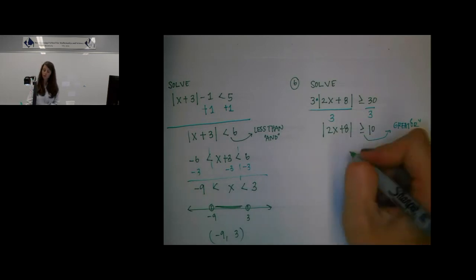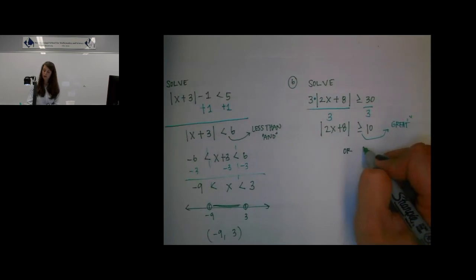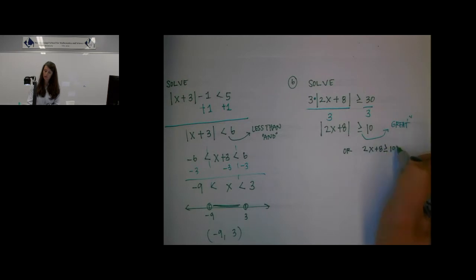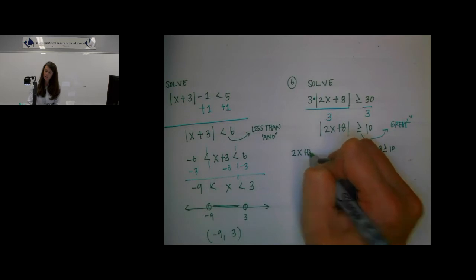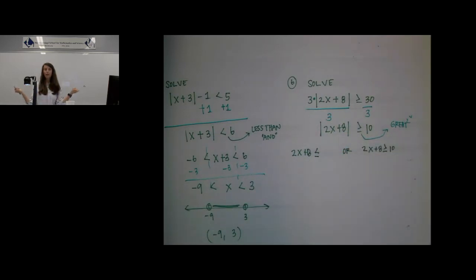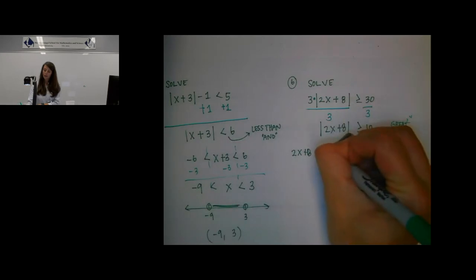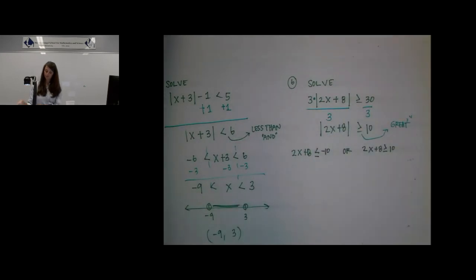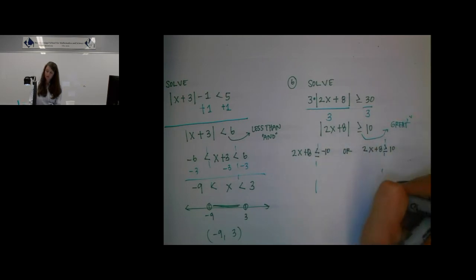Okay, so if it's an or there, then it's going to be 2x plus 8 is greater than or equal to 10. And over here, it'll be 2x plus 8 is, instead of greater than, going the opposite direction because we want them to go out in opposite ways. So they're going in the opposite directions there. And then this one will be a negative 10. Okay, so we'll solve each one separately.